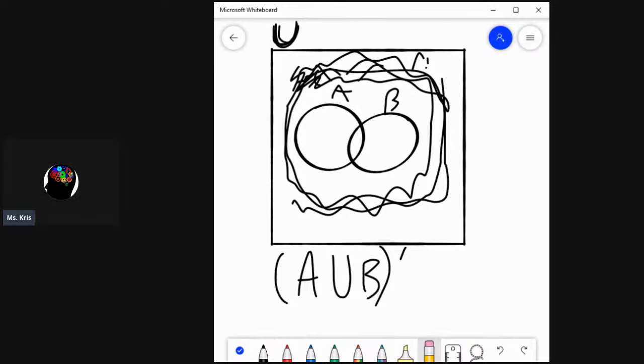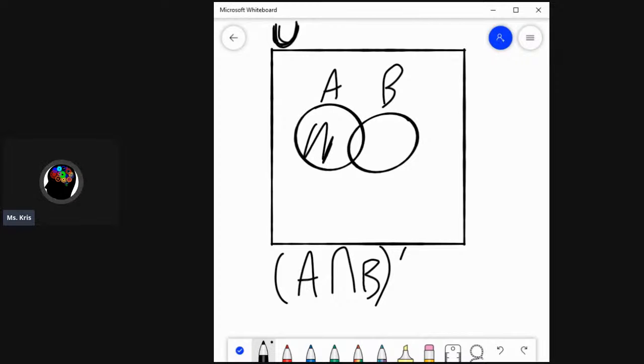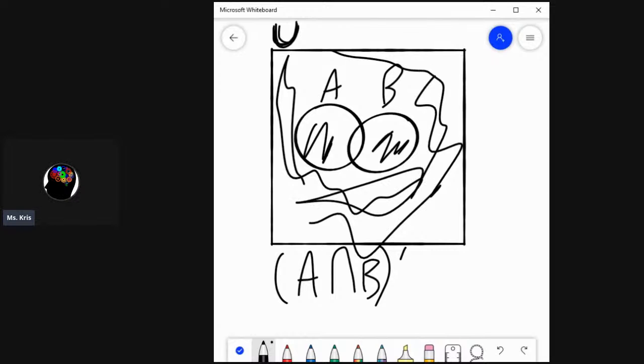Now, the complement of the intersection. Everything will be shaded except, of course, the intersection. The intersection is going to be blank.